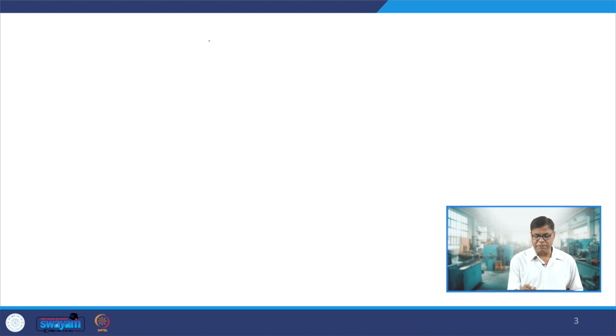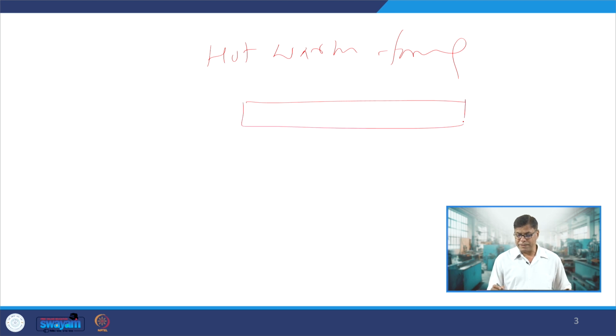So, these are basically the approaches: hot or warm forming, where the sheet metal to be processed is held suitably, and at the gripping ends the sheet metal is heated.